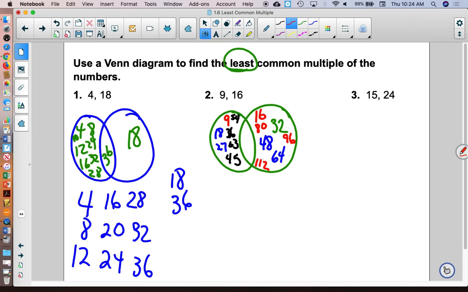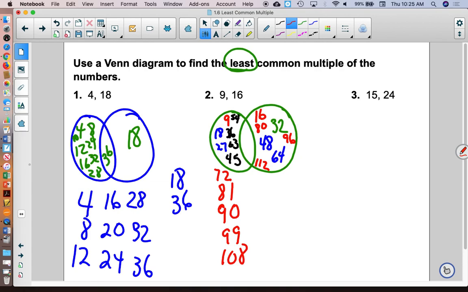No. Okay, so 9, 18, 27, 36, 45, 54, 63, 72, 81, 90, 99, 108, 117. I'm not thinking I want to do it this way. We haven't got it yet, have we? There's got to be a better way.